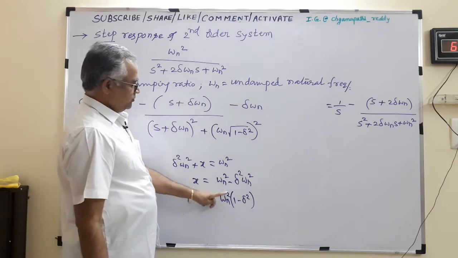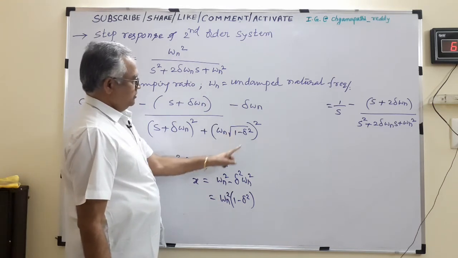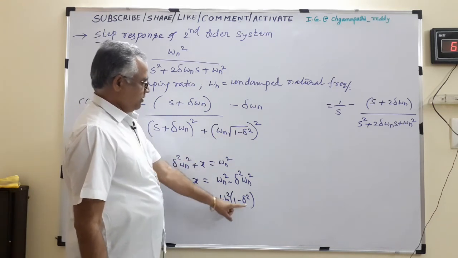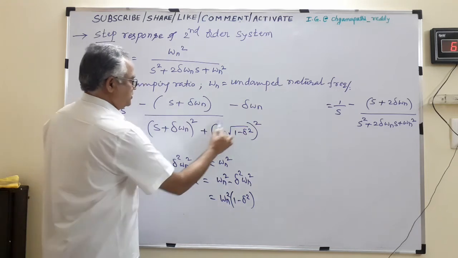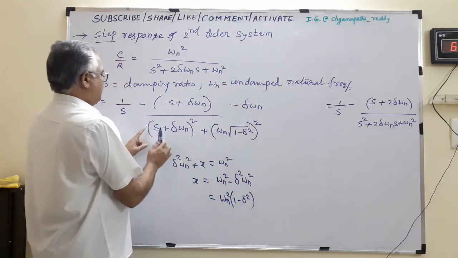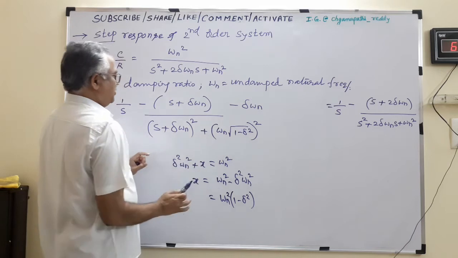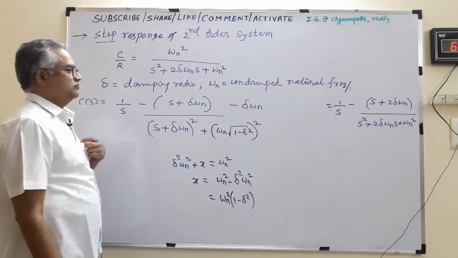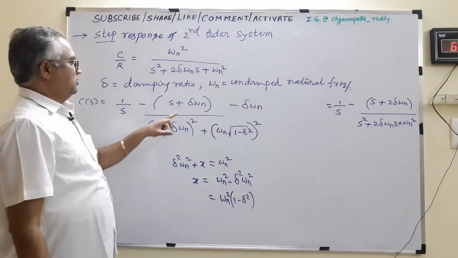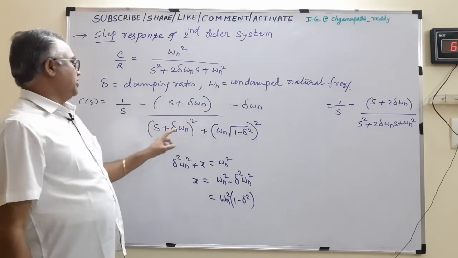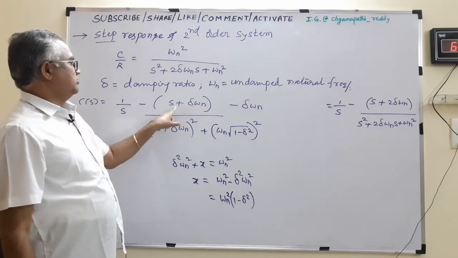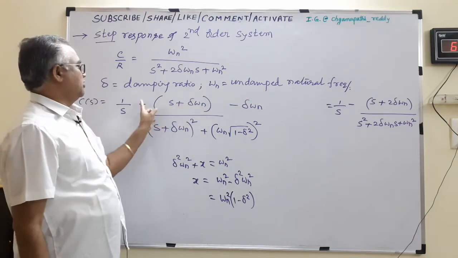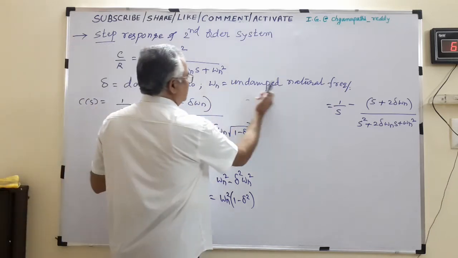So omega n square, and root square means 1 minus delta square. So this is the x value. So if we expand this and add this, you will get basically 2 delta omega n, because of delta omega n, so s plus delta omega n, one more is there now.